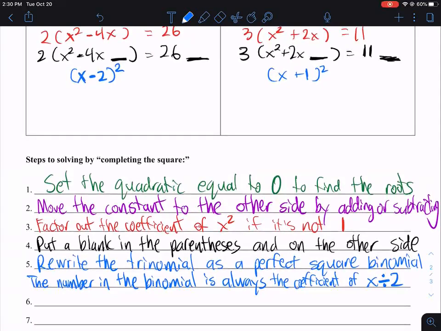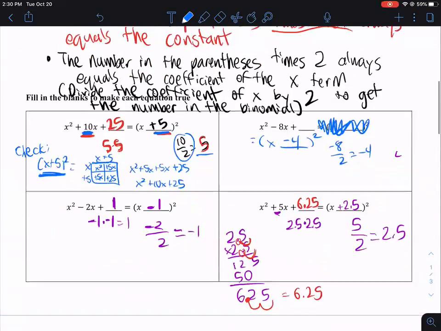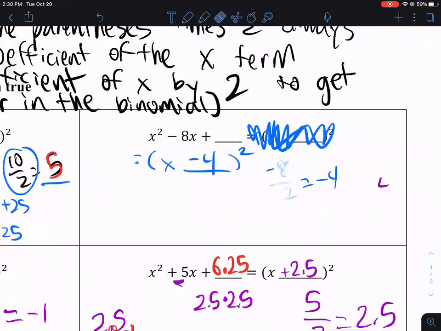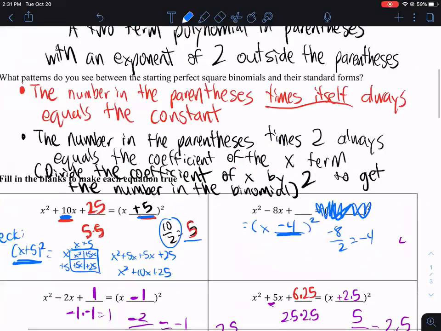Okay, so again, let's go back to the beginning page and remember what we did. After we figured out that you divide the -8 by 2 to get -4, the other pattern was that if you multiply that number by itself, that gives you the constant, right?